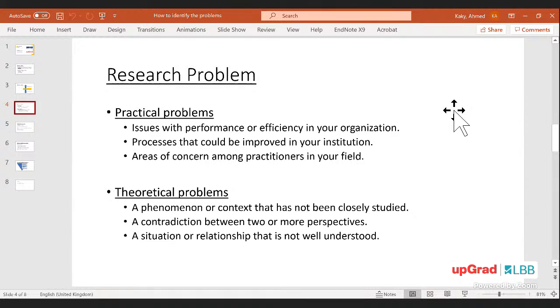Then you could handle a contradiction between two or more perspectives regarding some theory problems in research. Or you could study a relationship between some variables which has not been understood before. So you could work on practical problems, or you could work on theoretical problems through your master's journey.